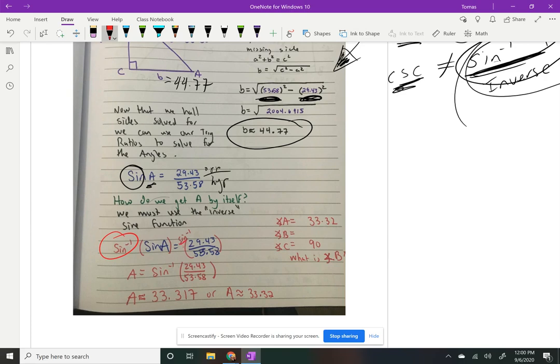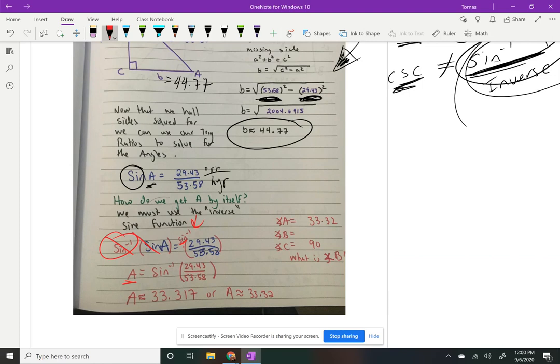So you notice I kind of squeezed it in there right here. Now this inverse and this sine function negate themselves out, leaving us just the A by itself. Now, we have sine inverse of 29.43 over 53.58.